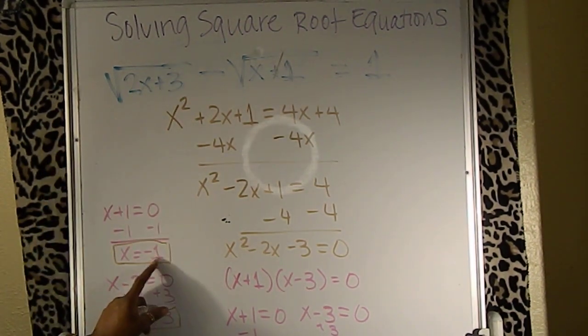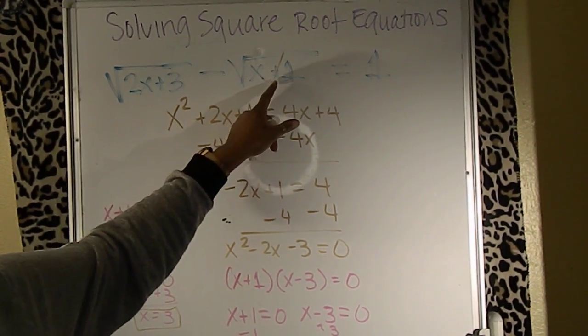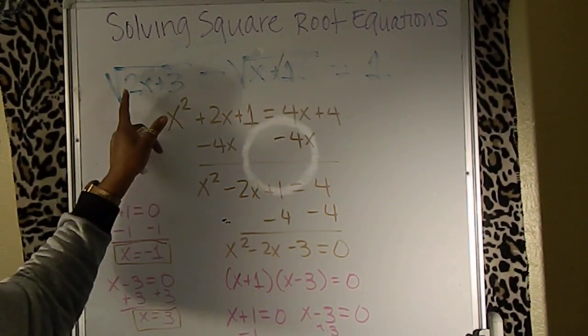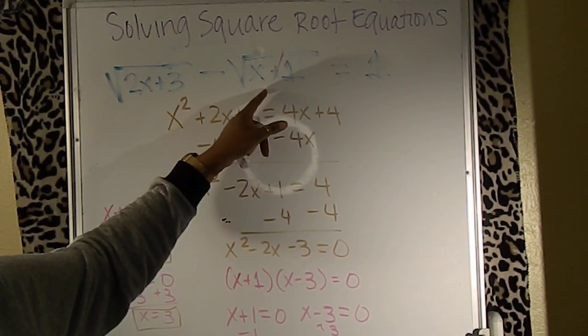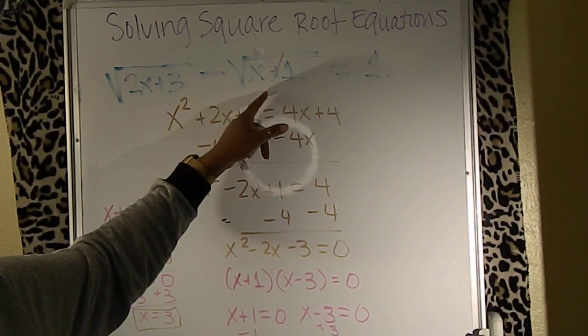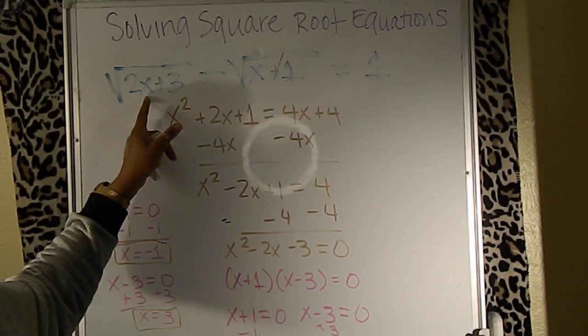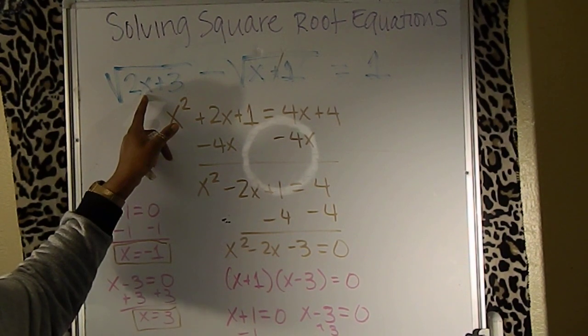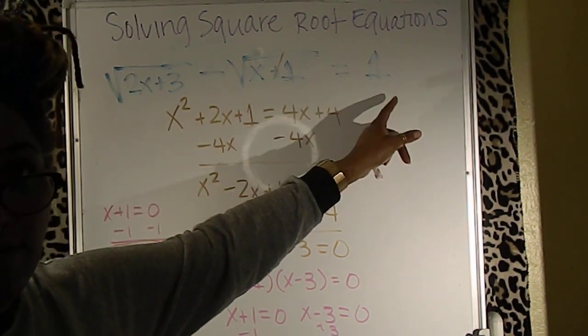And if you use this negative 1, negative 1 plus 1 here, that makes 0. So the square root of 1 minus the square root of 0, and yes, you can take the square root of 0. Do you know what the square root of 0 is? 0. Do you know what the square root of 1 is? 1. 1 minus 0 equals 1.